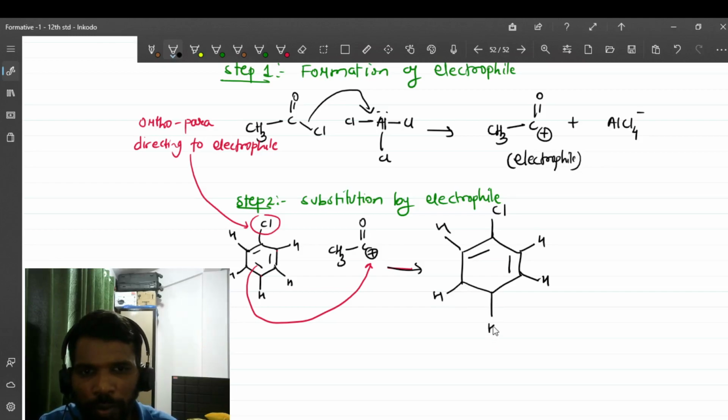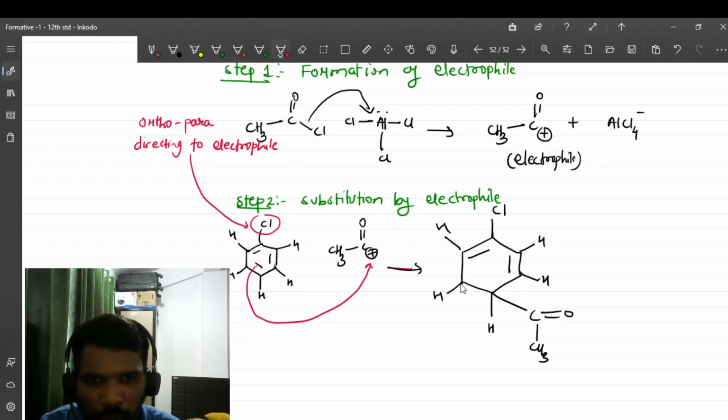So this is a hydrogen and this carbon is going to form a new bond. That new bond is this. It is connected to COCH3. But this carbon is going to lose one electron in that formation, positive. So the aromaticity of the benzene is lost.